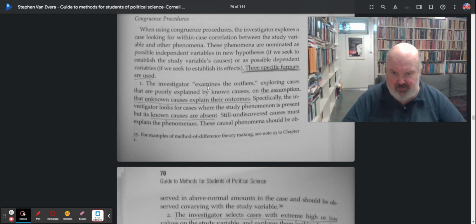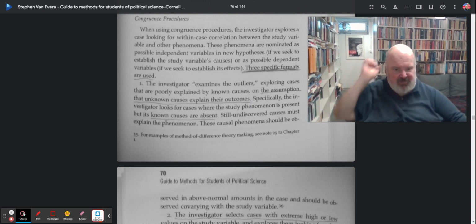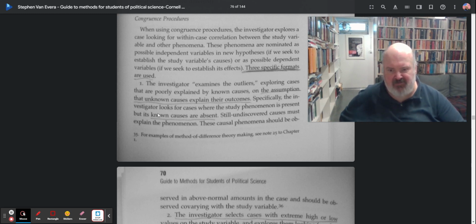So one, examine outliers. The investigator examines outliers, exploring cases that are poorly explained by known causes, on the assumption that unknown causes explain their outcomes. So look at outlier cases. Specifically, the investigator looks for cases where the study phenomenon is present, but its known causes are absent.